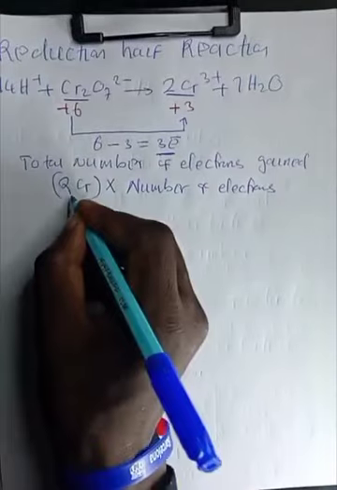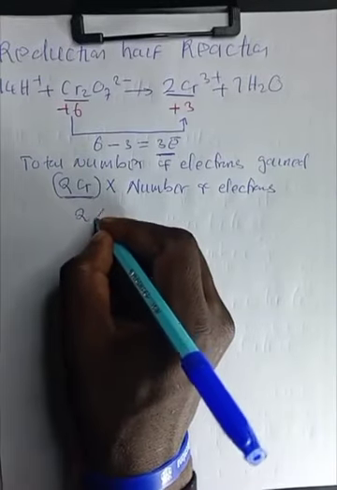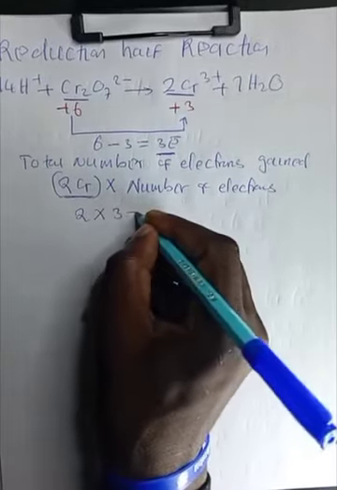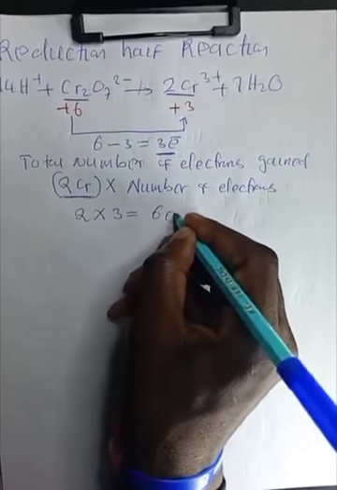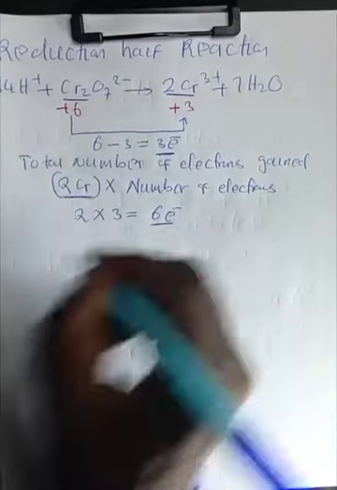Since we have 2 of them, I'm going to say 2 multiplied by the number of electrons, which is 3. So we get 6 total electrons gained.